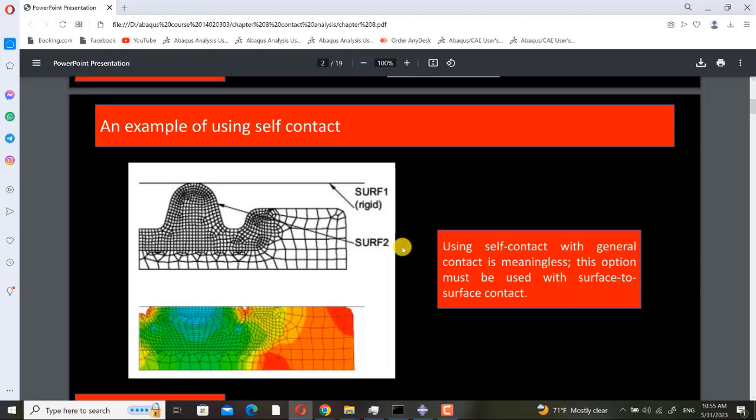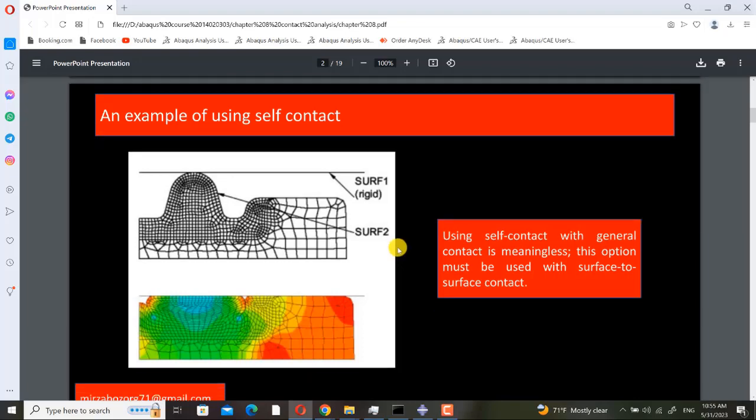So there is no need to define self-contact again, unless you want to define a specific contact property. For example, another friction coefficient. So you must define self-contact also.